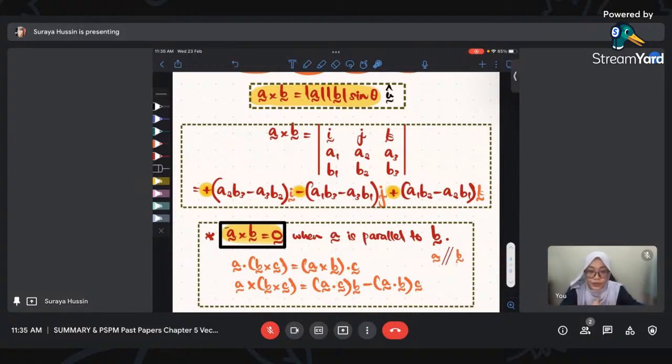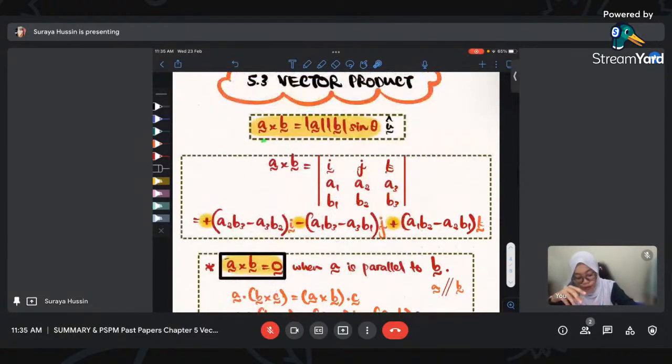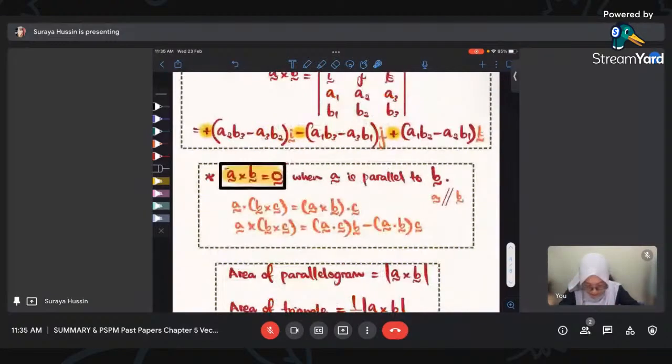Apa akan jadi? So you gotta guna formula lah sebenarnya. You gotta back to the basic formula. Always go to the basic formula. It's always like that. Sebab tu penting untuk hafal ni. Sebab tu lah sangat-sangat penting untuk hafal formula vector product dan juga formula scalar product. Okay, dua ni saja.